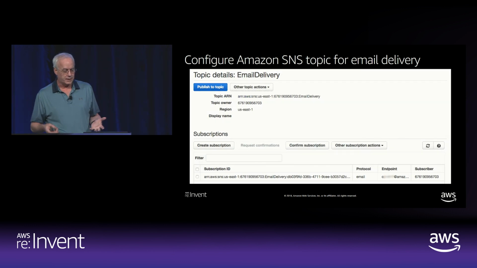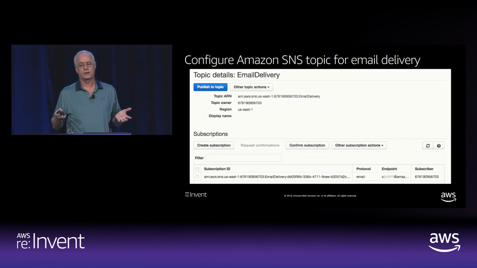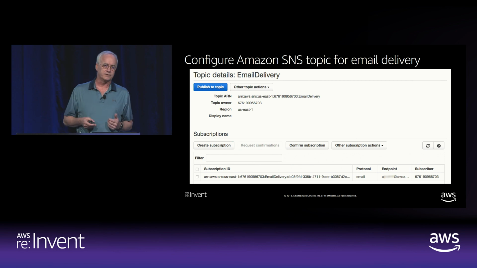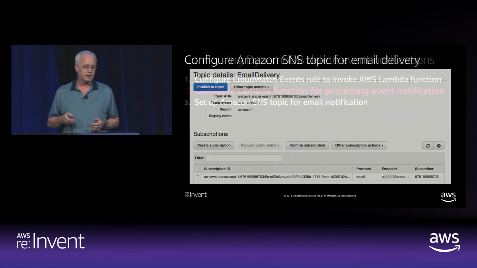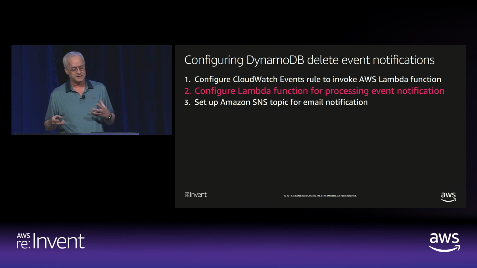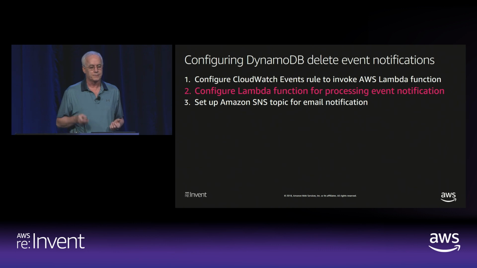And after you do that, you now have a topic set up. I called it email delivery. If anybody publishes a message to that topic, that message is turned around and delivered to me in email. Very simple. I use this for other cases, like I have a similar kind of setup for delivering notifications when IAM changes are made in my account.